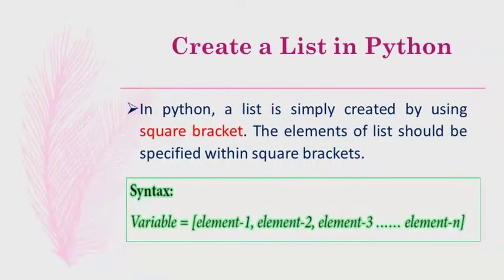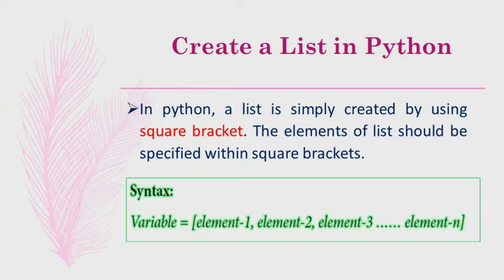Okay, so now let's see how to create a list in Python. This is the syntax of creating a list. First you have to write the variable name, and next you have to add the elements: element 1, element 2, element 3, element n. Write these elements within the square brackets. Here you have to remember one thing: the elements of a list should be specified within square brackets.